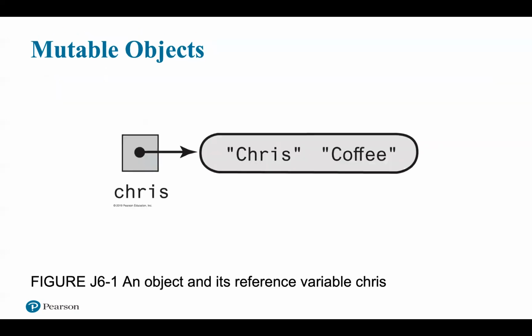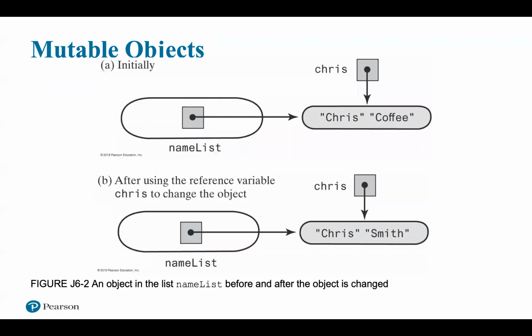So let's use this class to create an object for Chris Coffee by writing the following Java statement: Name chris = new Name("Chris", "Coffee"). Figure J6.1 illustrates the object and the reference variable chris, as we're seeing right now. How can it be that the list, which we created before changing the name, contains the changed name?